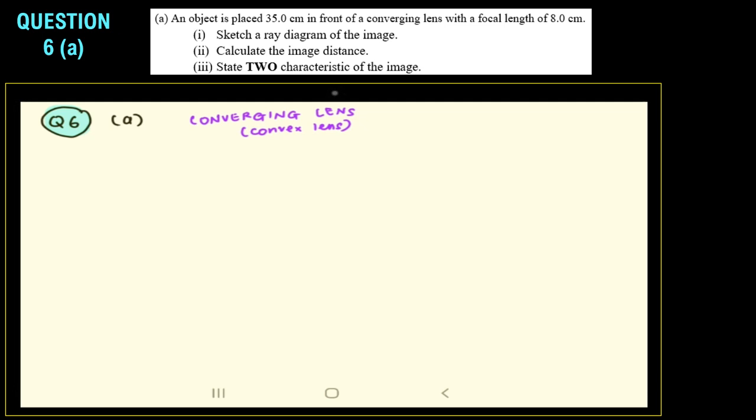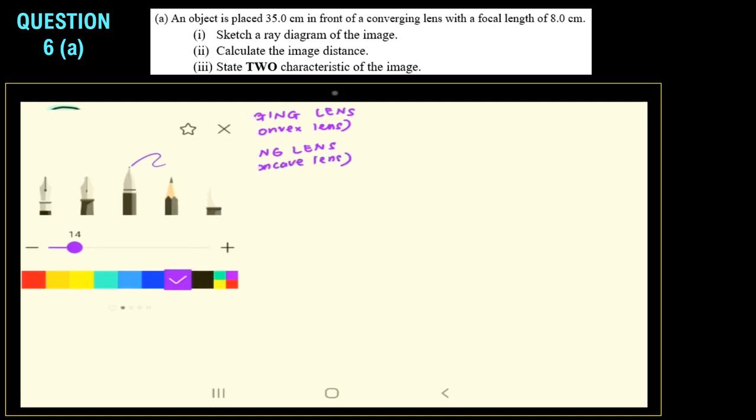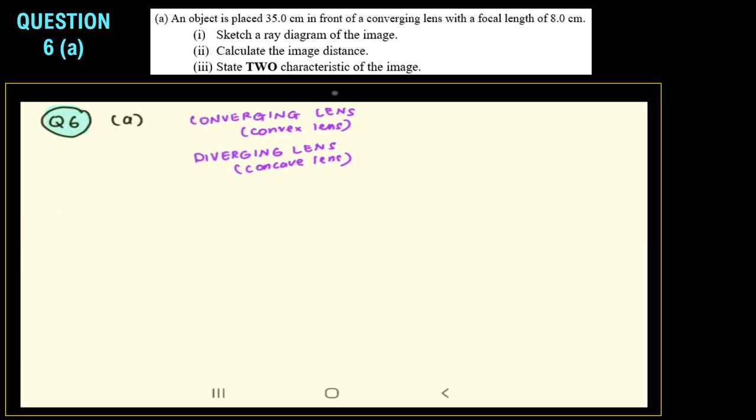If diverging lens means that concave lens. Alright. So this is about lens, converging lens, concave lens.